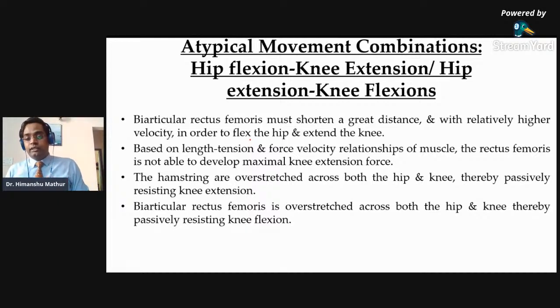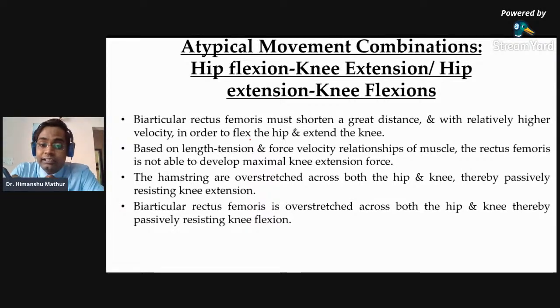Now whenever there is contraction or shortening of the rectus femoris muscle, it will cause flexion at the hip joint and extension at the knee joint. We all know that because it is a potential extensor of the knee joint and a potential flexor of the hip joint also. Okay, now this is with relatively higher velocity in order to flex the hip and extend the knee. It is usually done whenever a sports person is kicking a football. Okay, this is very evident in this.